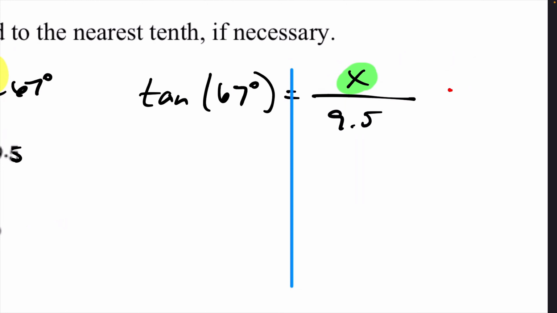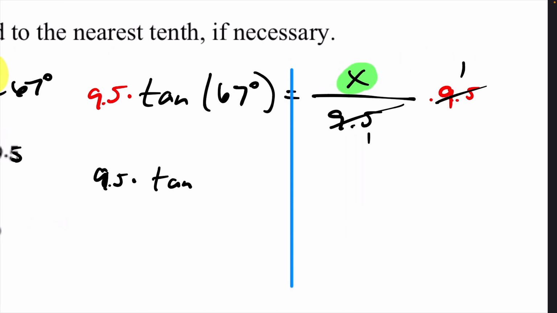So the opposite is multiply by 9.5. 9.5 times tangent of 67 degrees equals X. X is by itself. We're done.